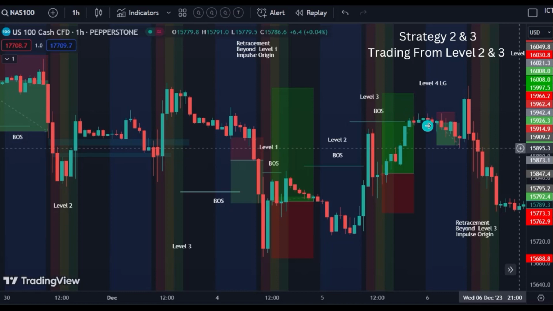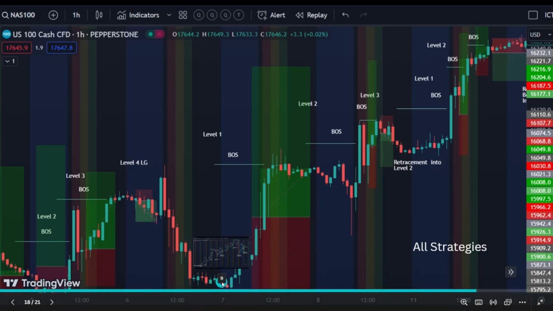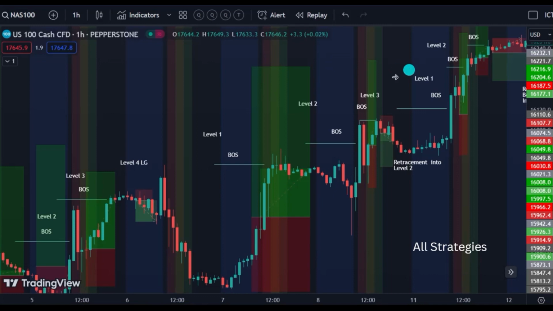Price gives you 2-to-1. In this example, again, level 1 is created with a break of structure. Then we see a retracement to 50%. You have your entry with a stop loss beyond the origin of level 1, and that is a 2-to-1 trade. At level 2, we have the break of structure, a retrace into 50% of this impulse, but there's no fair value gap.